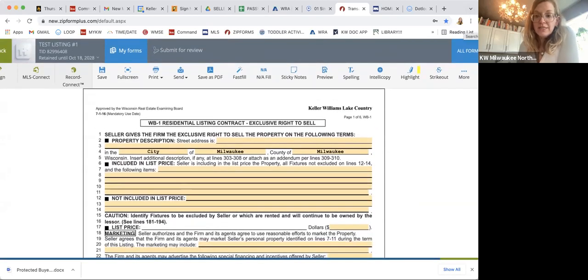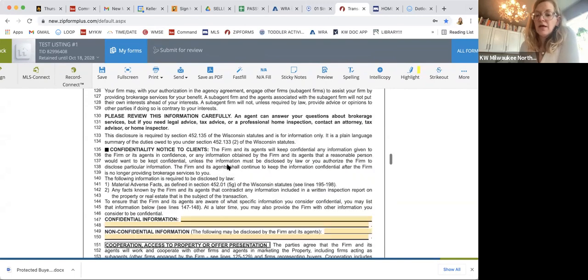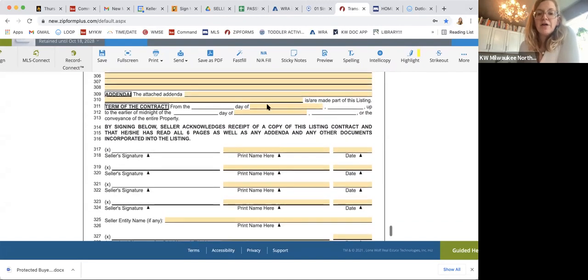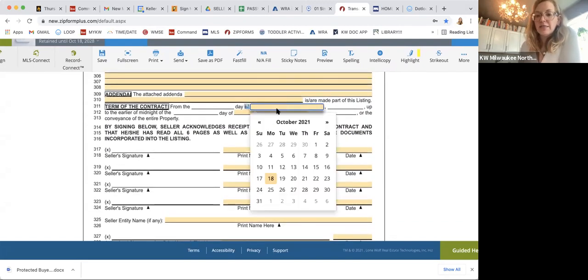So how this all relates to MLS: if you have a typical listing, it's not going to be delayed, it's not going to be excluded. You've got 48 hours to get it into MLS from the date listed on line 311. That's actually the case with a delayed listing as well, but we'll go into that in a second. So 48 hours, stick that in your brain, otherwise you get fined if you don't put it in MLS within that 48 hours.